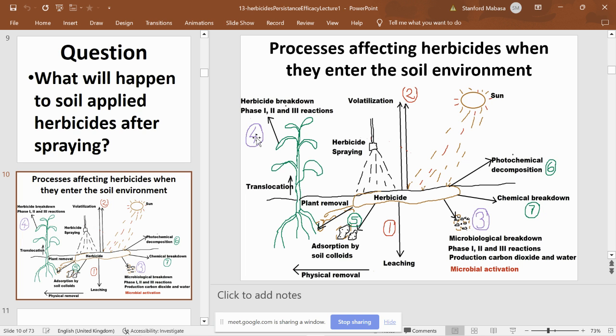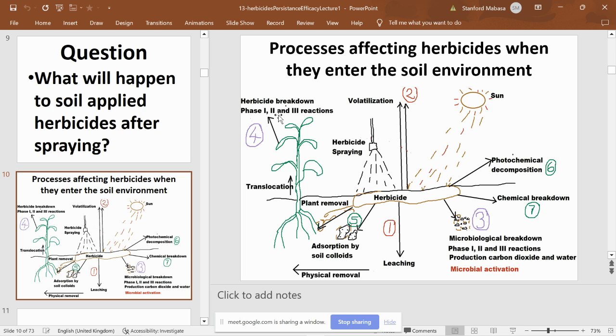It is also similar to the plants. They can translocate the herbicides if they have been soil applied via the xylem vessels, and these herbicides will eventually reach the plant cells, where they will again be broken down using phase 1, which involves cytochrome P450, and phase 2, which mainly involves glucose and glutathione.